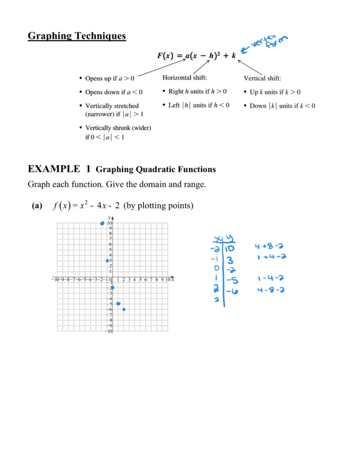So let's continue this. 3 squared is 9 minus 12 minus 2, negative 3, negative 5. Okay, and then from here, I know if it's a parabola that I'm going to have reflection points. So I can just find the other points by the reflections of the points that I found.